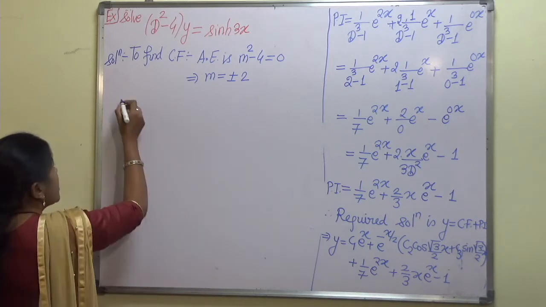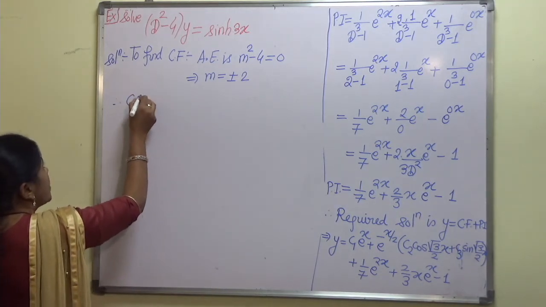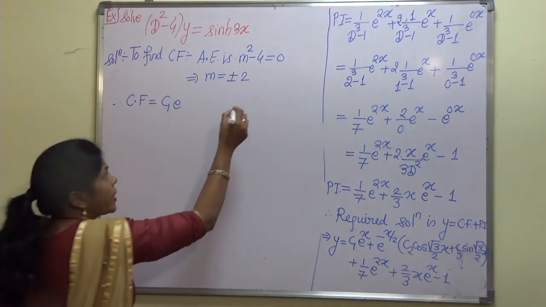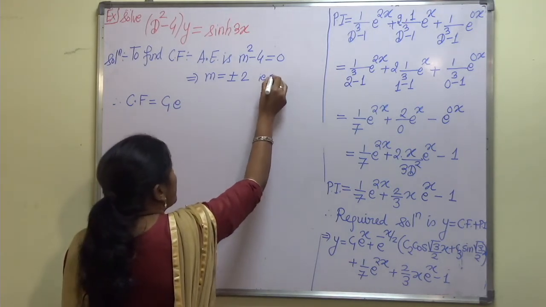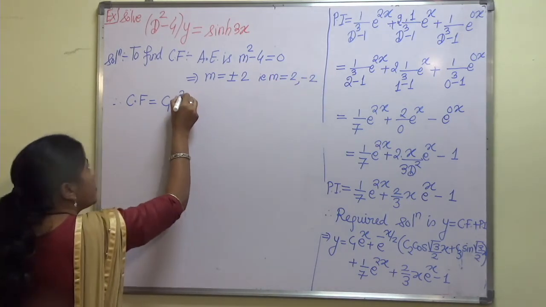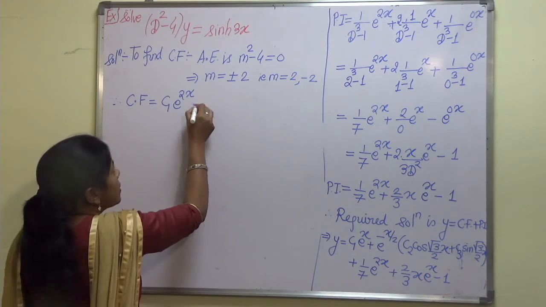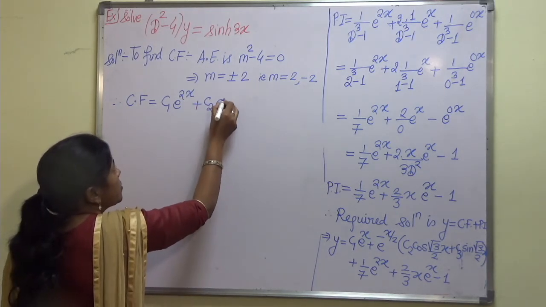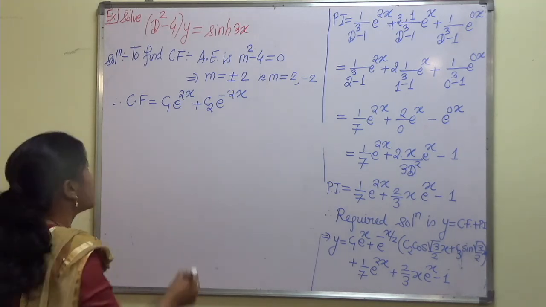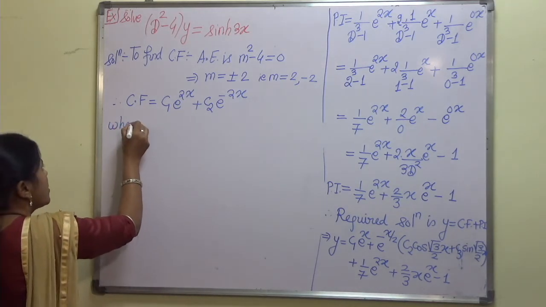Okay. So therefore, the complementary function will be c1 e raised to power first value. I can write it as, that is, m is 2, minus 2. So first value of m, 2x, plus c2 e raised to power minus 2x, where c1 and c2 are arbitrary constants.